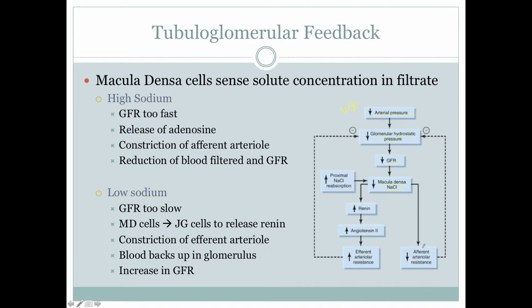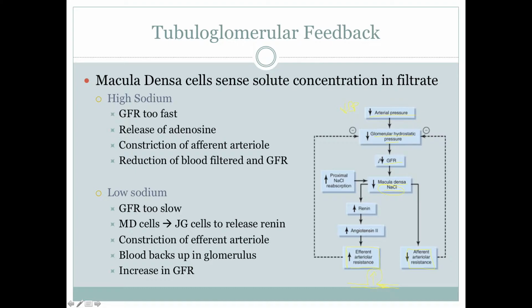We can also have a direct decrease in what the afferent arteriole is doing. So we have efferent arteriole, afferent arteriole. So remember, macula densa, looking at sodium chloride, renin, angiotensin 2, efferent arteriole resistance. If I drew this out, here's afferent, here's a glomerulus, here's efferent arteriole. If I increase efferent resistance, that means we're going to contract the sphincter in the efferent arteriole, which is going to raise the GFR.